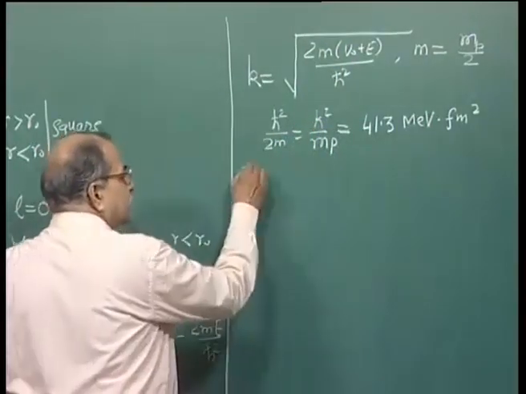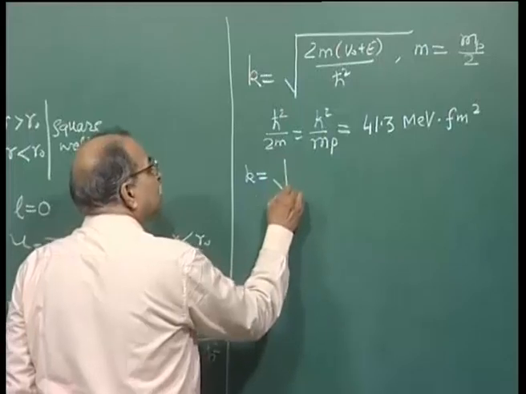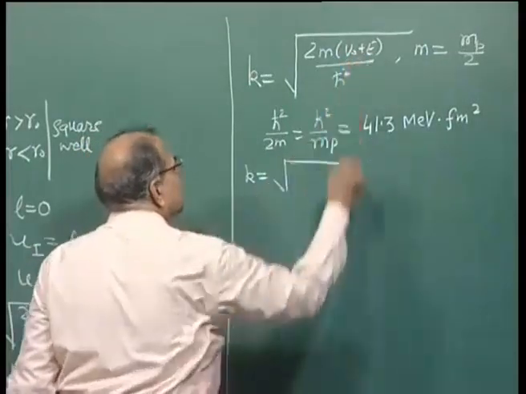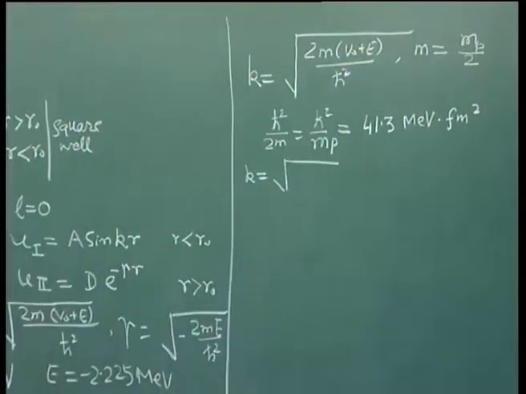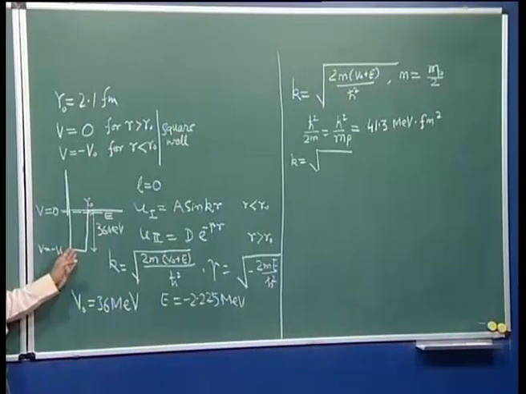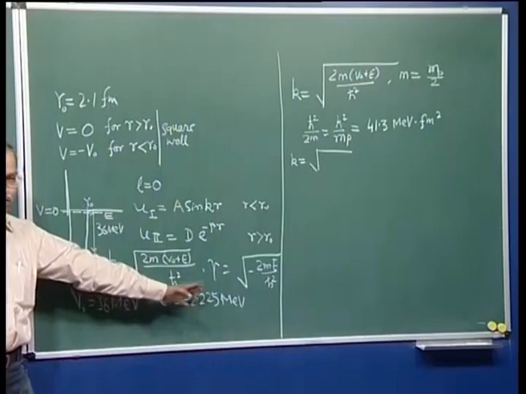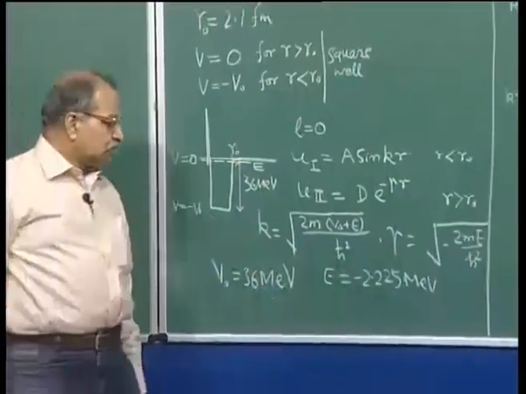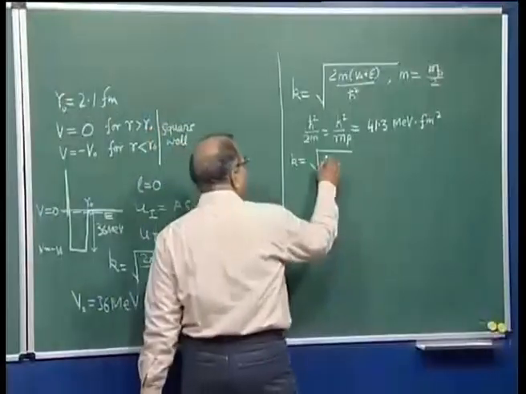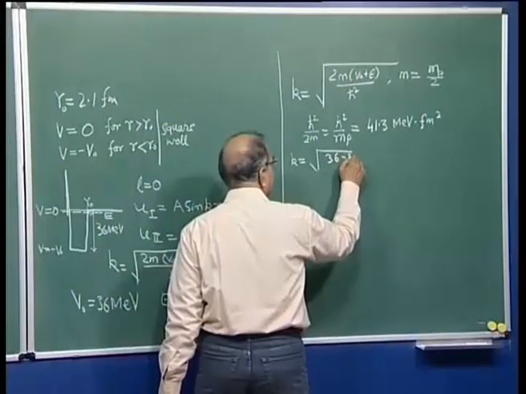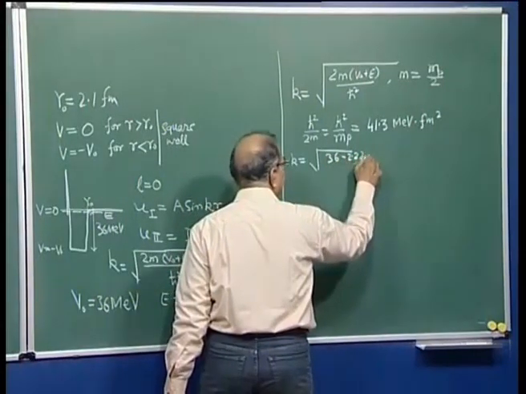So, this k is equal to square root of V naught plus E. How much is V naught plus E? V naught is 36 MeV and E is minus 2.225 MeV. So, it is 36 minus 2.225.